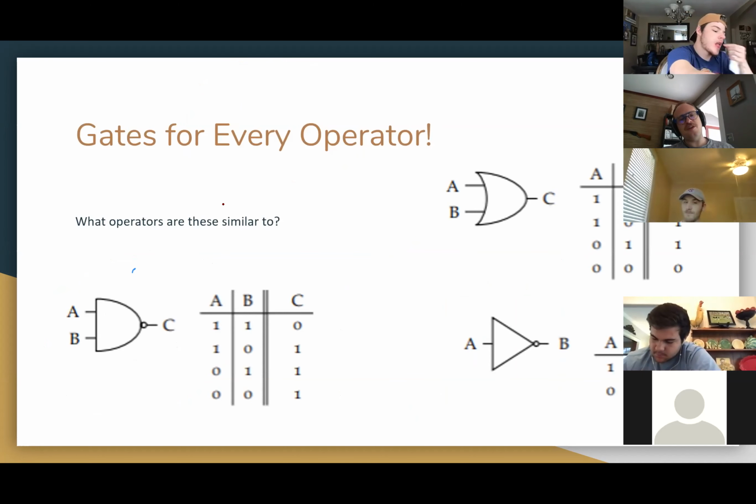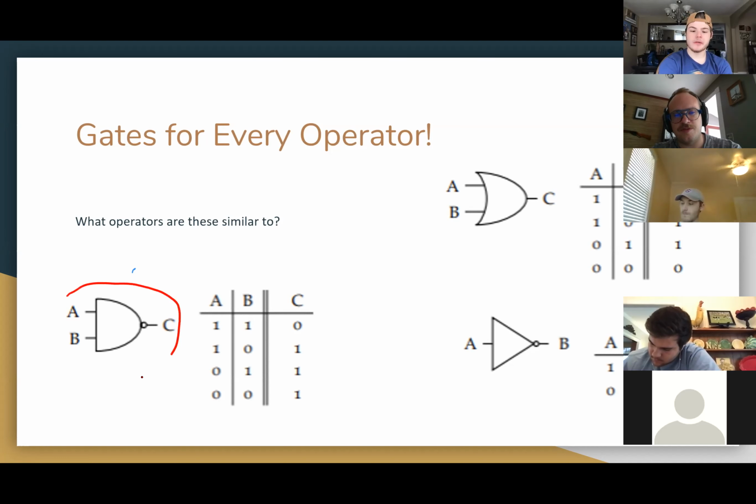And guess what? There's gates for every operator. So can you guys tell me which operators these are similar to? What operator is this first one similar to in TFL? Any takers?